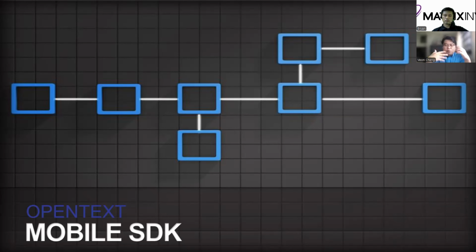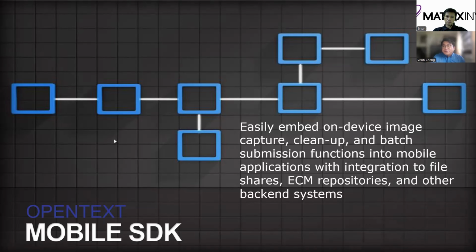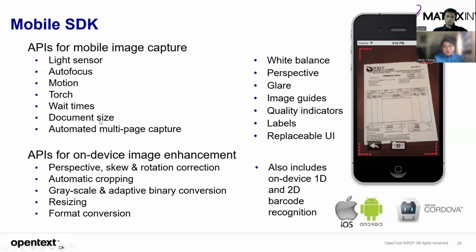In the past, we provided mobile software as a separate system. That caused a lot of issues for the customer because they needed to log into multiple systems. So that's why we introduced the mobile SDK, where they can embed the whole capture process into their own systems. As you know, mobile is now more advanced.